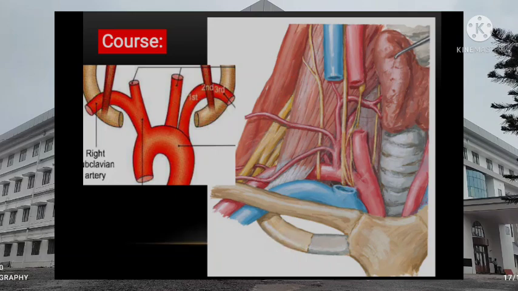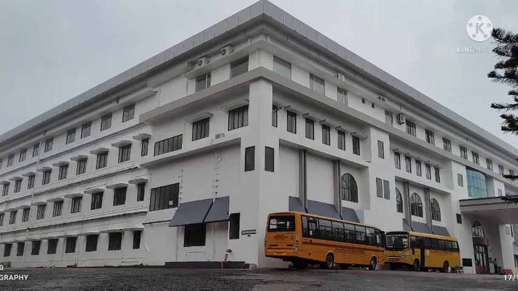The first part of the subclavian artery extends up to the medial border of the scalenus anterior muscle. The second part is behind the scalenus anterior muscle, and the third part is from the lateral border of the scalenus anterior muscle to the outer border of the first rib.